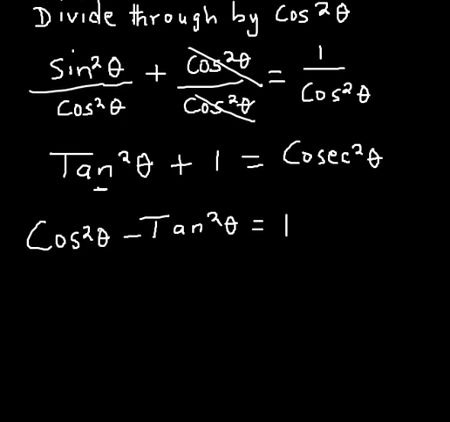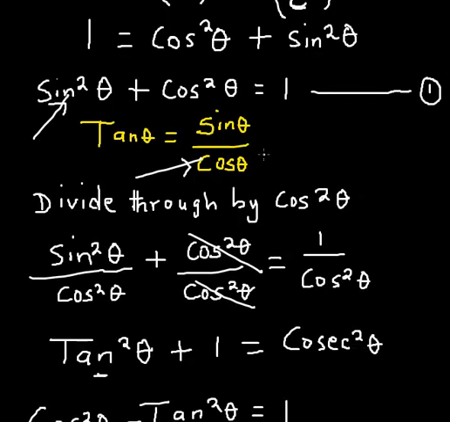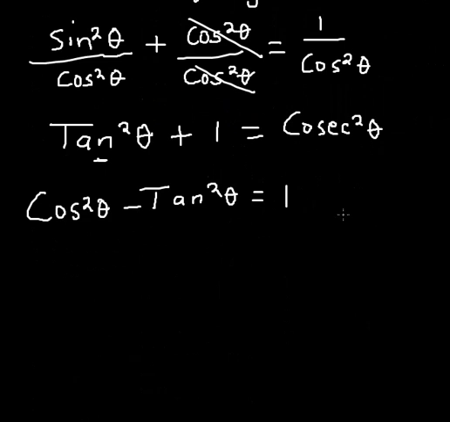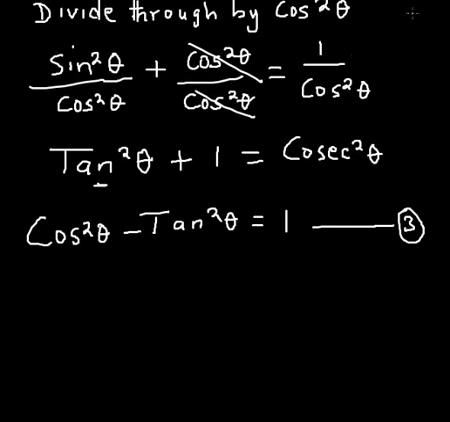So I will call this identity number 1, identity number 2, this is identity number 3. Okay, so I can now go further to derive identity number 4.